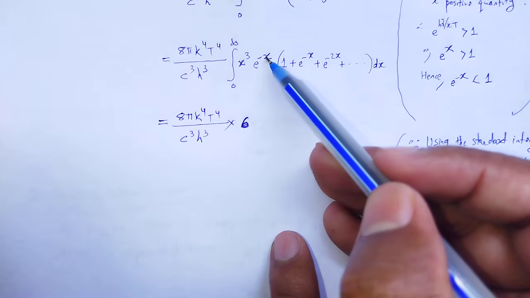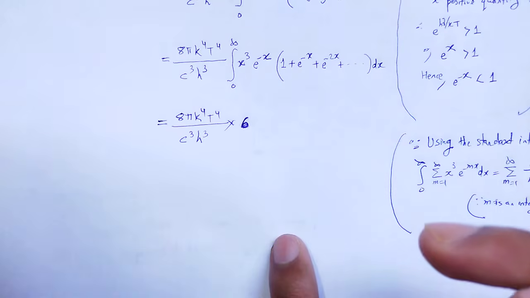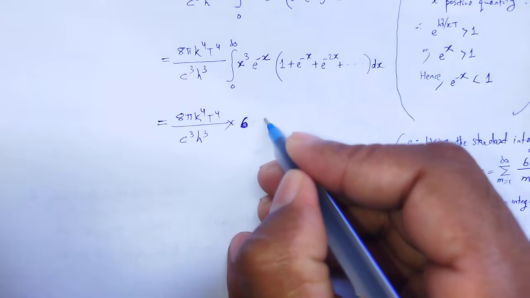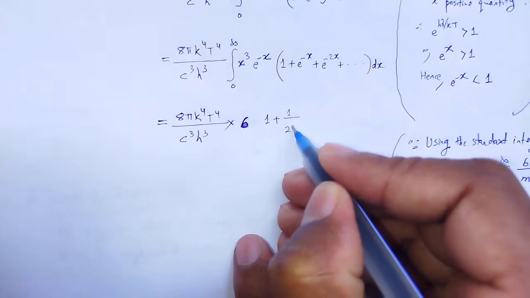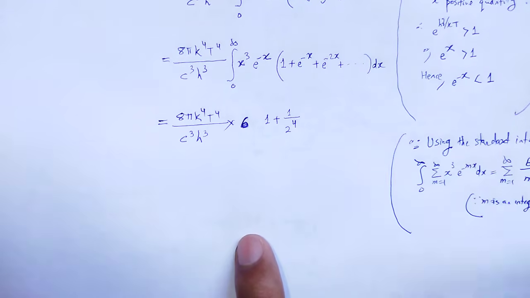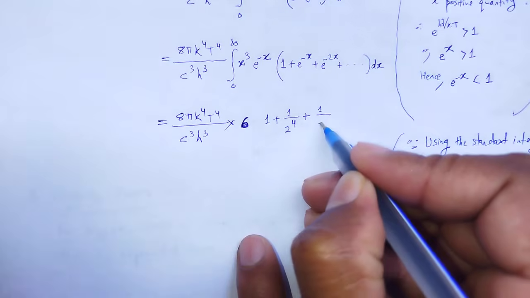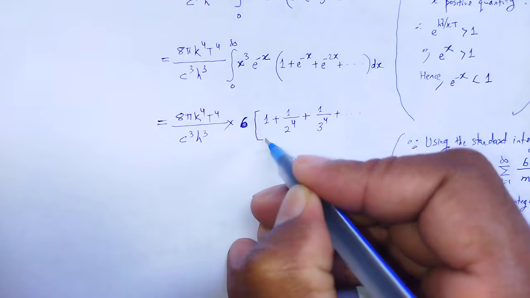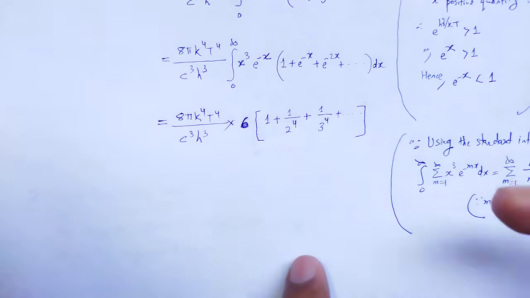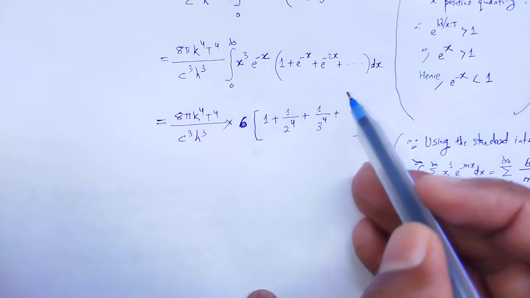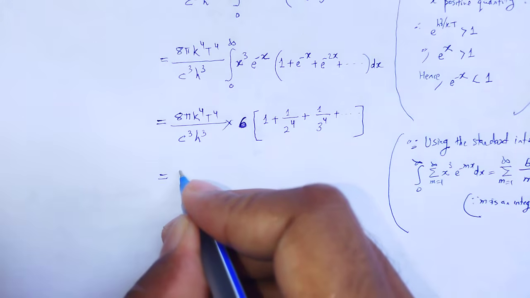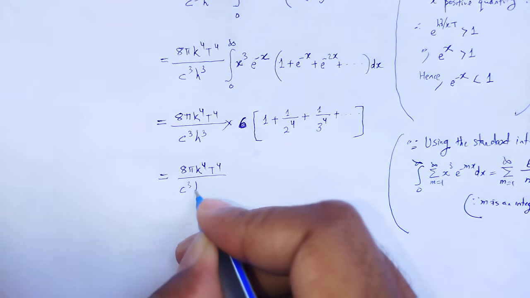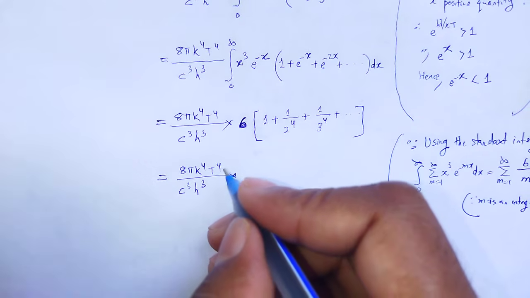Here these terms are multiplied, that is 6, first term 1, next term 1 divided by 2 to the power 4th, plus 1 divided by 3 to the power 4th, and so on. That standard integral formula is used to solve that one. Therefore, 8 pi k to the power 4th t to the power 4th divided by c cube h cube into 6.